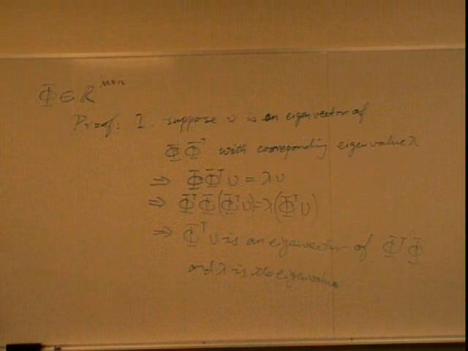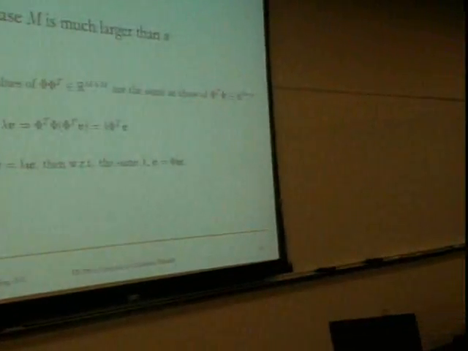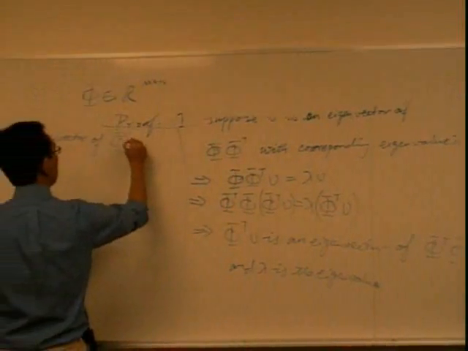Now let's look at the second one, the other direction. Now let's suppose w is an eigenvector of phi transpose phi.